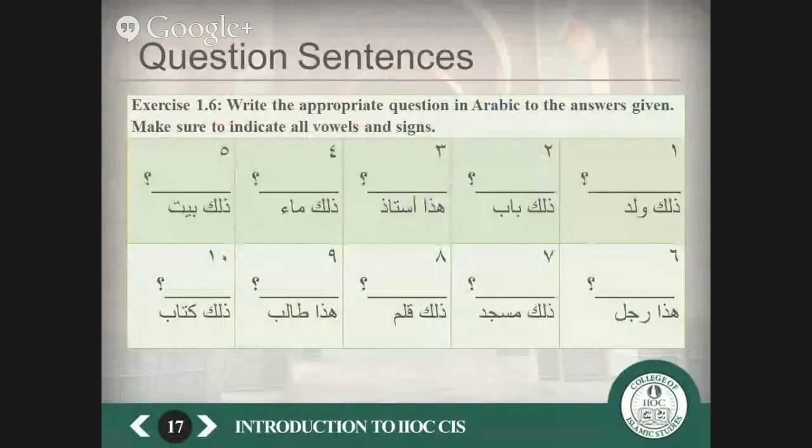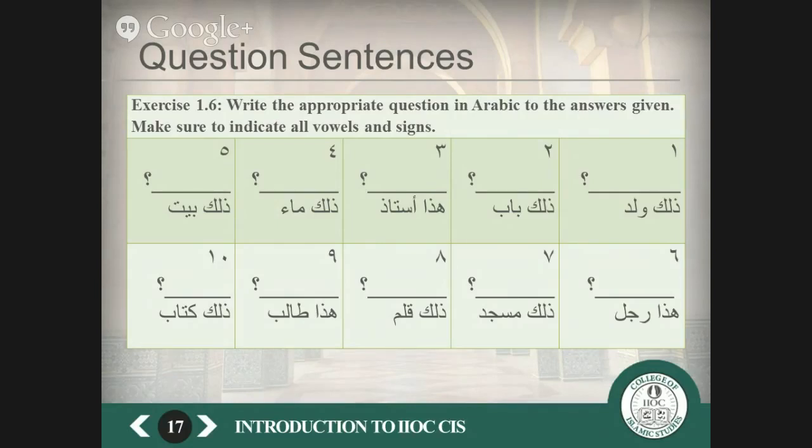So now look what you got to do. You look at the answer and you got to write the appropriate question. Keep in mind when to use ma and when to use man. When to use hadha and when to use dhalika. So number one, let's take a look at number one. The answer, imagine someone is talking and then the person responds as dhalika waladun. What could the question have been? There's only one option.